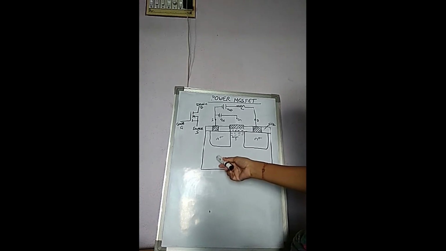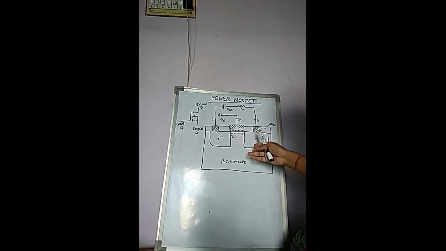So in the p substrate body, two heavily doped N regions are diffused. Then one insulating layer is there, that is the insulating layer of silicon dioxide, which is grown over this surface. This is the SiO2 layer, silicon dioxide layer. It is an insulating layer.